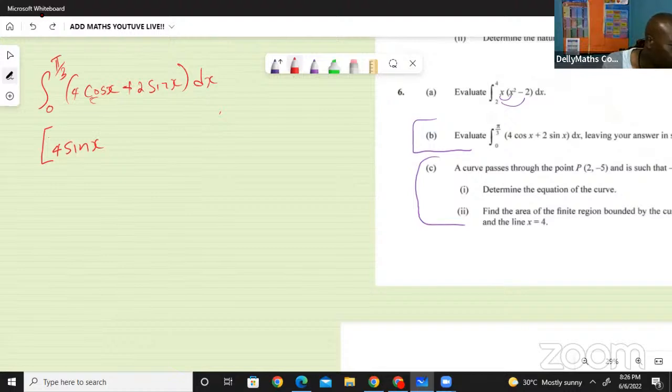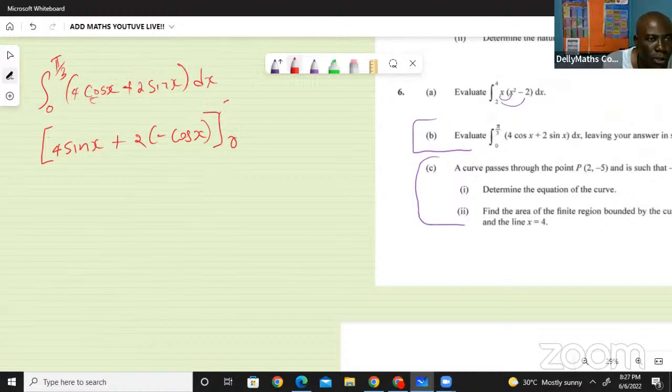So we have a 4 sine of x plus, and this one now, remember the derivative of cos is a negative sine, but this is a positive. That means this would have to be a negative cos coming out. So we have 2, but a negative cos, because the negative and the negative would have made that a positive up there. You have to be thinking in reverse. So we could finalize our thing.